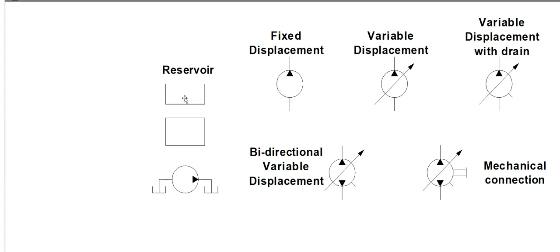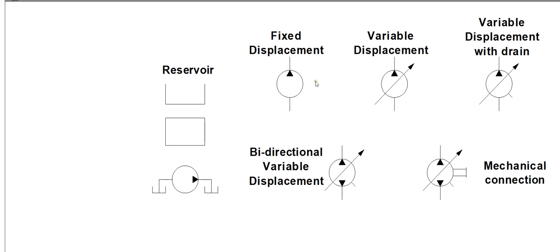That doesn't mean there are multiple reservoirs on the machine. We do that just for clarity. So in the example down here, we have a pump sucking oil out of a reservoir and then pumping oil back into a reservoir. This reservoir is the same one. They're just indicated by two different symbols, but it is the same housing.